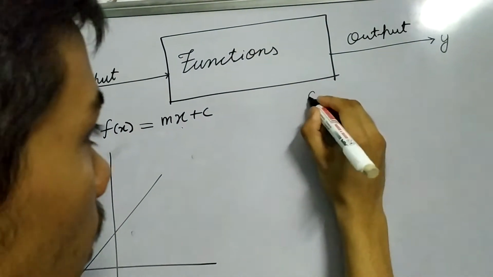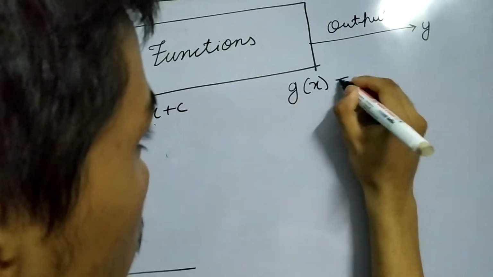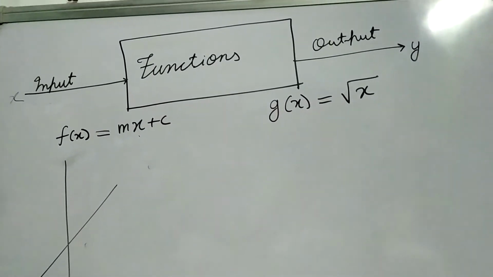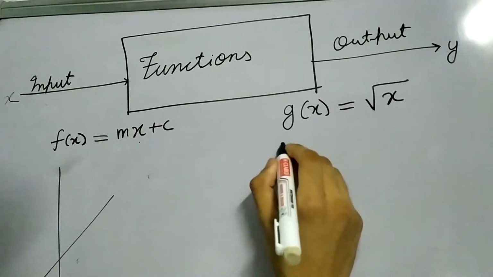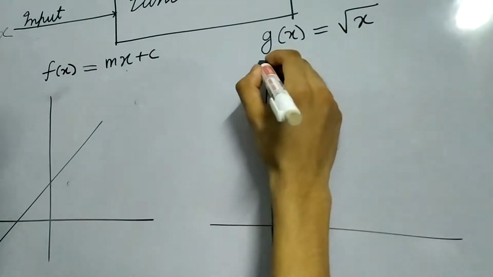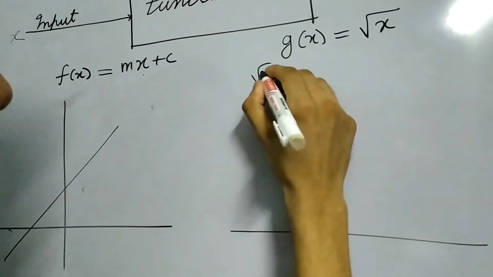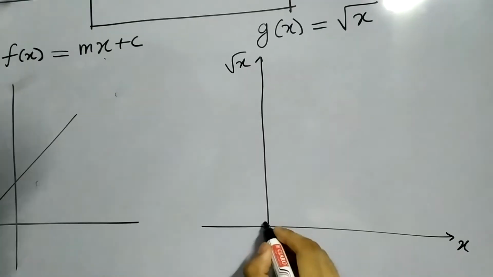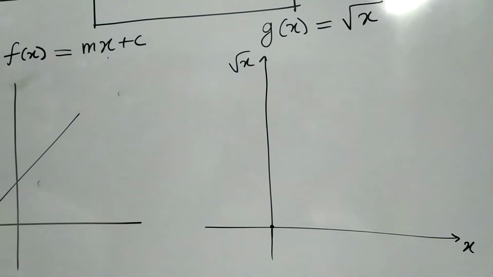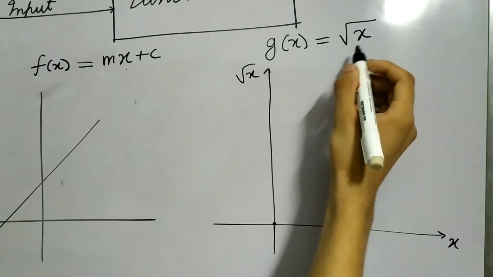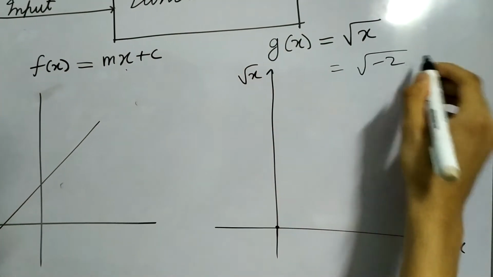That's it. So consider this function g of x as root x. Now, what will its graph look like? This is root x. This is x. Now, at x equal to 0, this will be 0. And notice it can't take negative values, otherwise we will have something like root of -2.